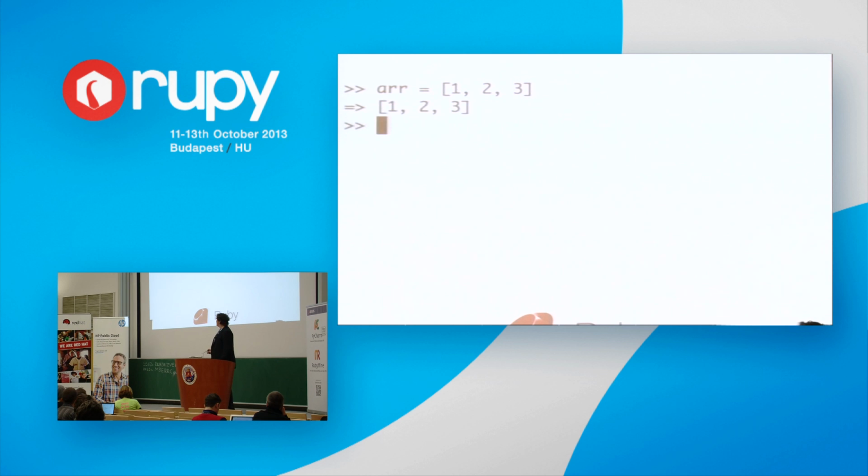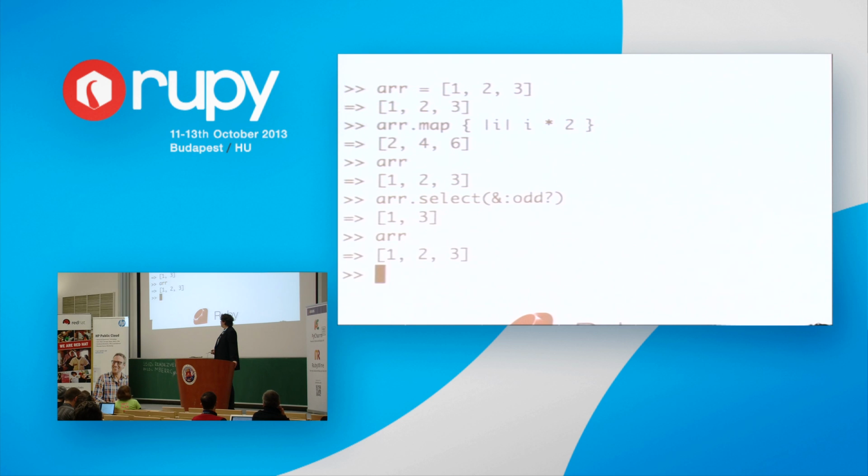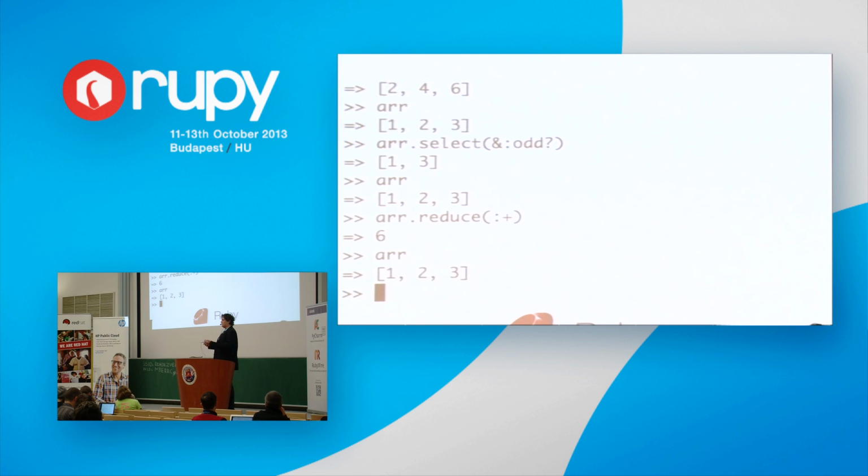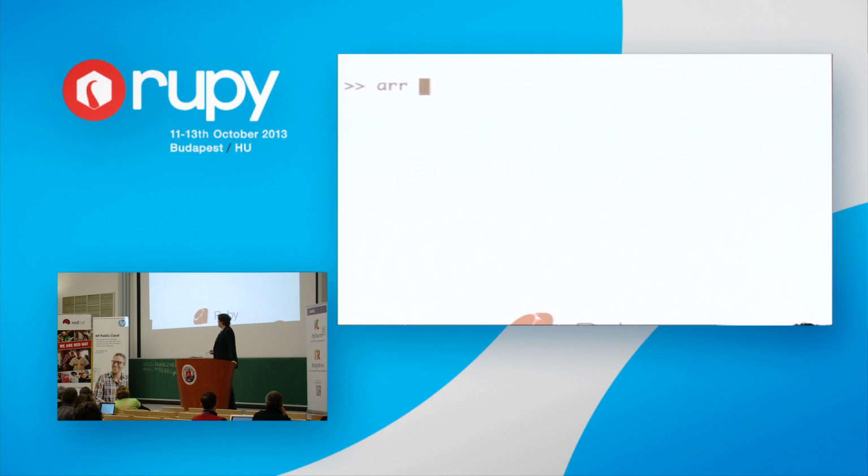Let's look at Ruby. Ruby arrays have a very nice immutable functional interface to them where you can call these higher order operations on them, produce new values, which is nice, but it's just a facade really. They're just plain old arrays underneath and you can just go bash them in place.